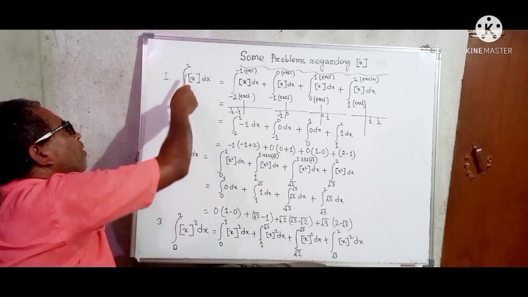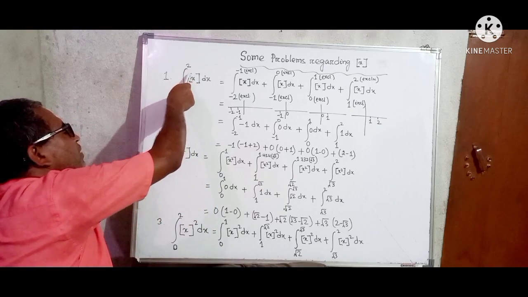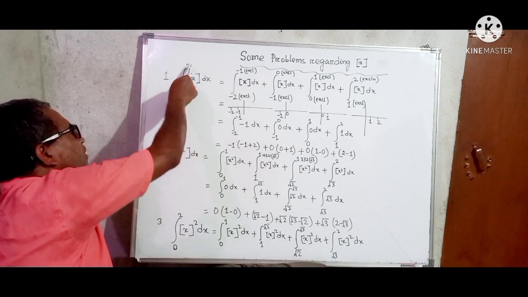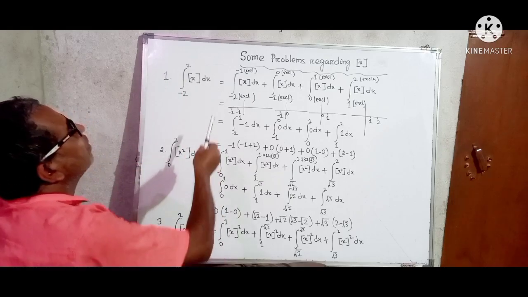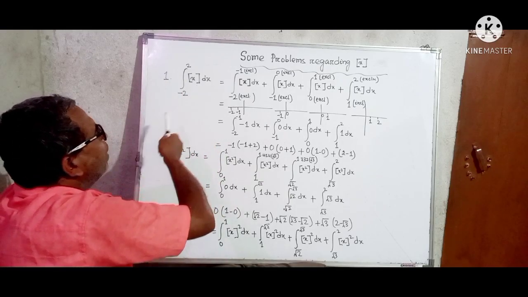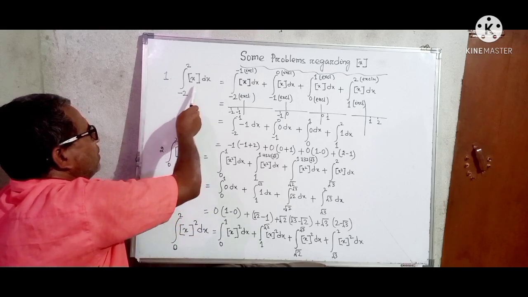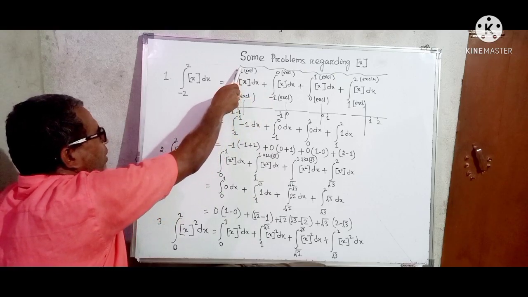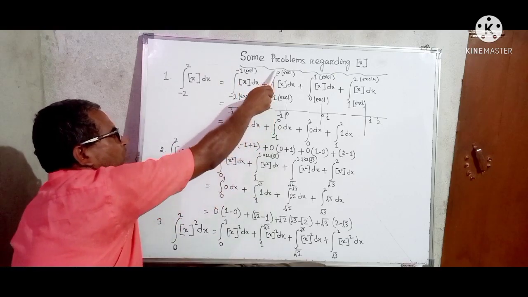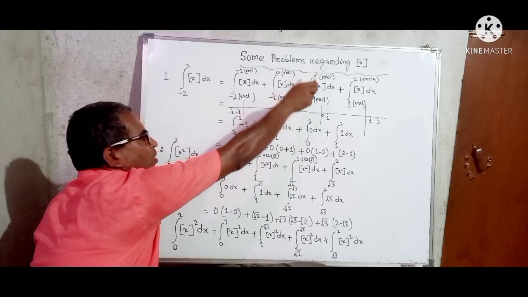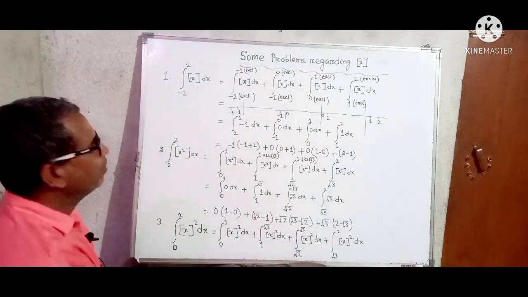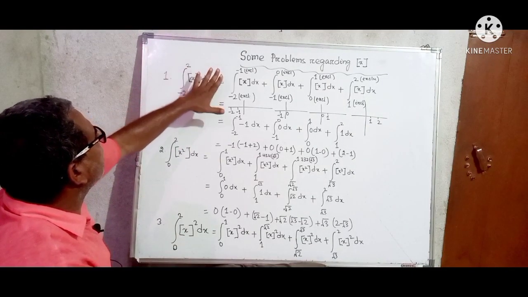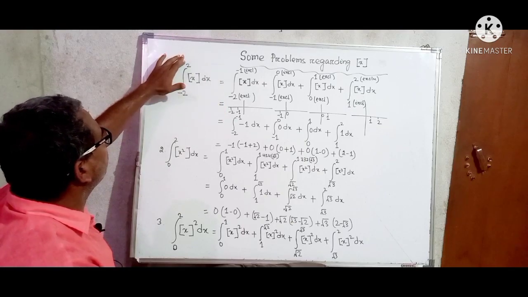You see, find the value of this greatest integer function integral from minus 2 to 2, lower limit and upper limit. Here you will have to split this interval like this: minus 2 to minus 1, minus 1 to 0, 0 to 1, 1 to 2, because the function is not continuous from minus 2 to 2.